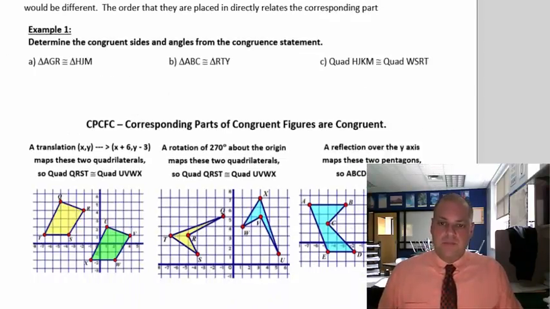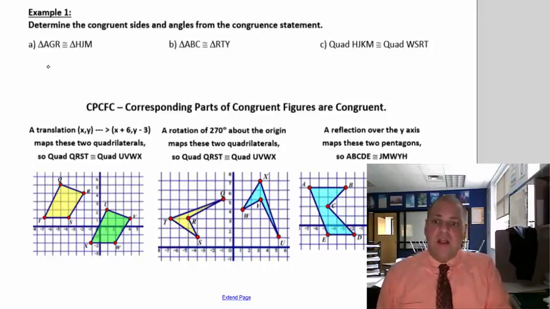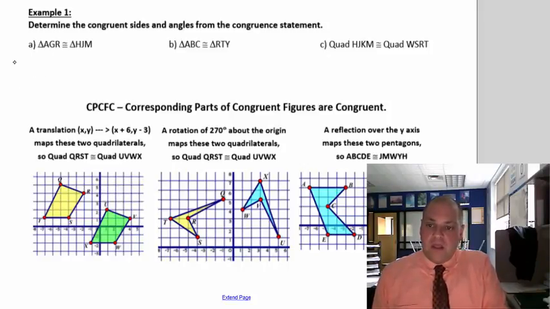All right. So let's do some examples here. Determine the congruent sides and angles from the congruent statement. So if I tell you, I'm not even going to give you a picture, no diagram, triangle AGR is congruent to triangle HJM, you should now be able to tell me that angle A, I better leave some room, angle A is congruent to angle H. Why?